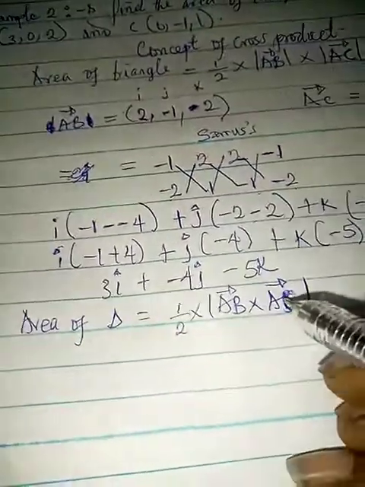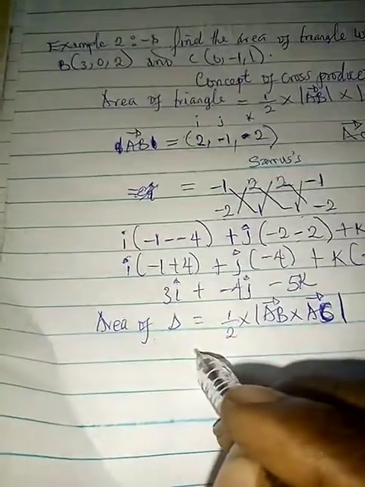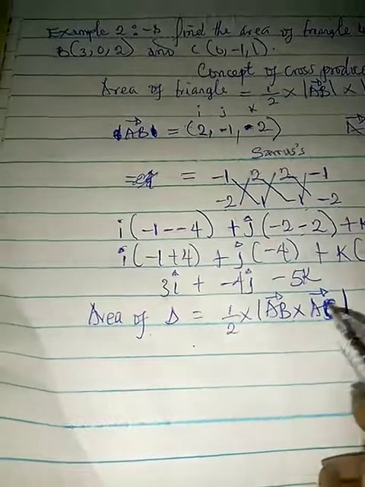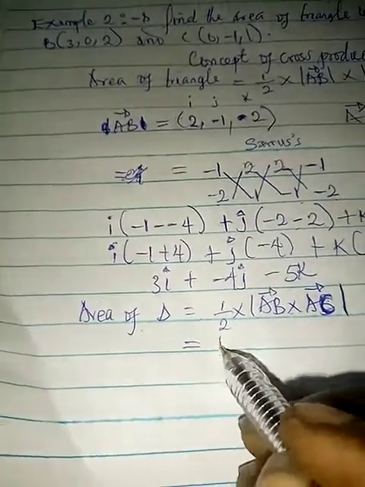Yes, length AC. Please take note of that. I will prefer that we solve for absolute value of AB times AC, so we can do the two together, no problem.